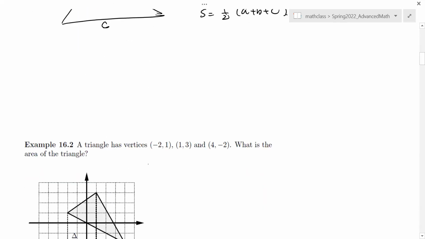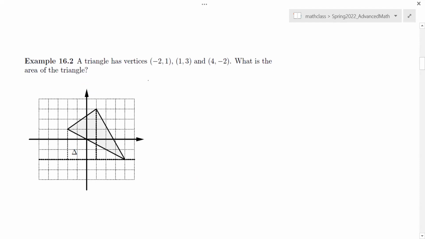All right. So for our next problem, I want you to figure it out by yourself. You have a triangle with the vertices: this point is (4, -2), that point is (1, 3), and that point is (-2, 1). So you have those 3 points, and you get a triangle.